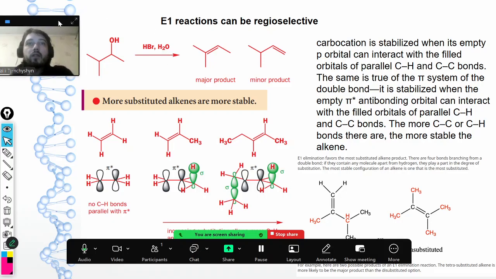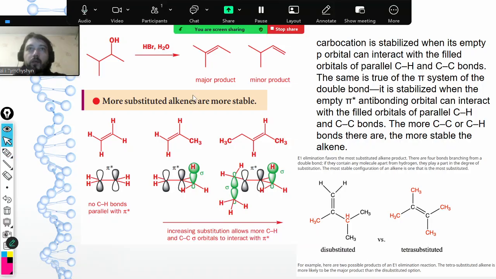So here we have two different products of the elimination. Once again, we are eliminating this OH group. So here we have some major and minor products. Here you see that more substituted alkenes are more stable. Here there are no CH bonds parallel with the pi star, so there are no additional orbitals to perform stabilization.